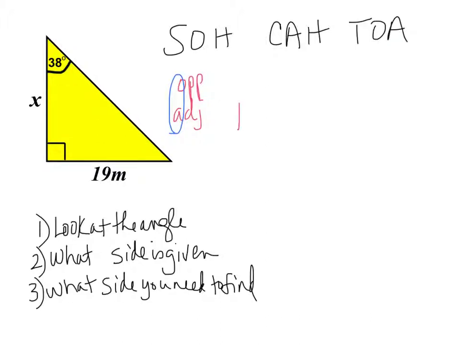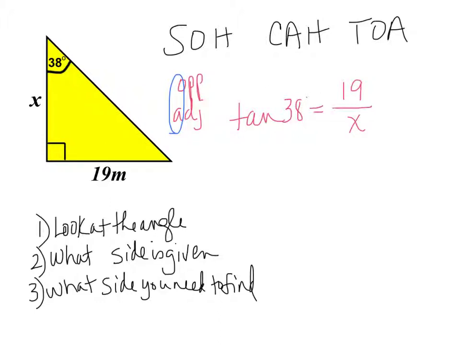So the tangent of 38 degrees is equal to, recall that it's a ratio, opposite over the adjacent. Well, again, what's opposite? 19. Adjacent is the x.